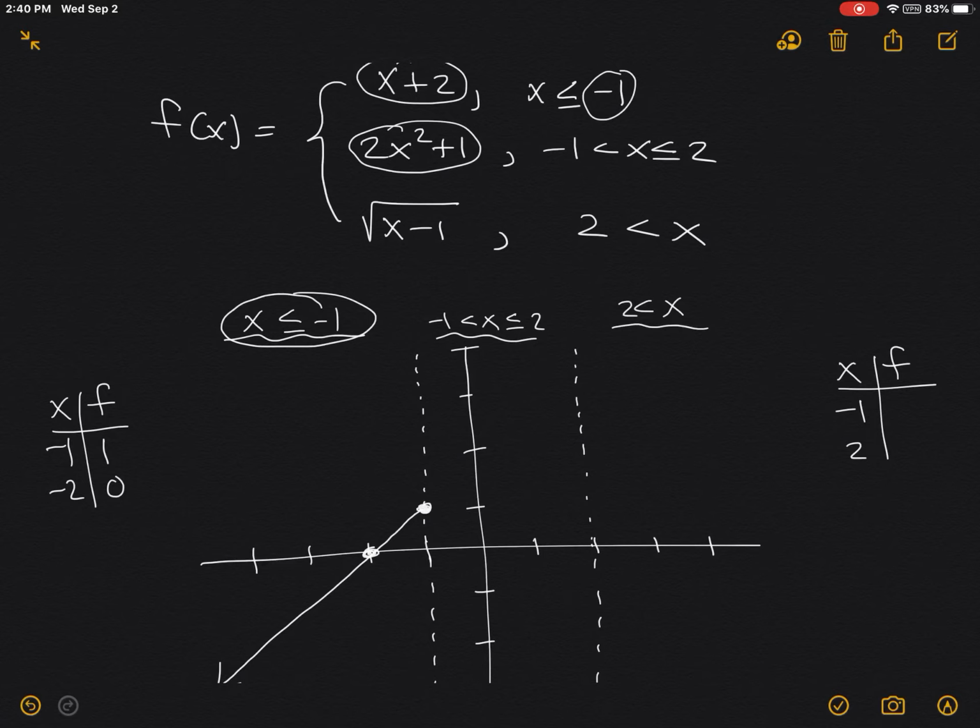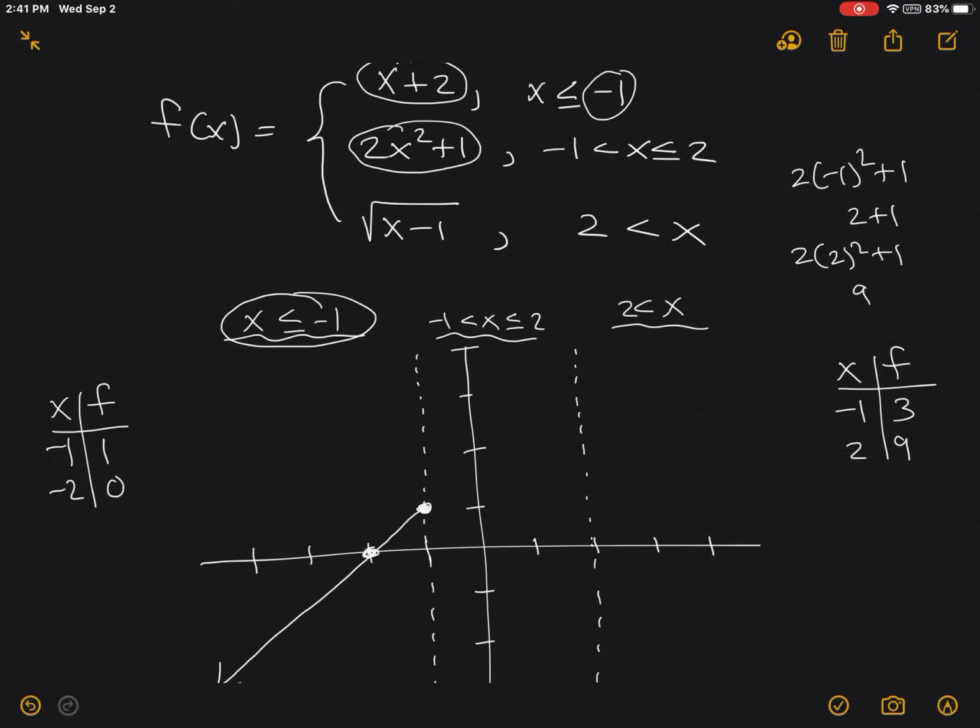So if I plug in -1, 2 times -1 squared plus 1, if you do some math, this is 2 plus 1, which is 3. If you plug in 2, you're going to get 2 times 2 squared plus 1. 4 times 2 is 8. It looks like I might run out of space here. 8 plus 1 is 9, okay, so 2 comma 9.